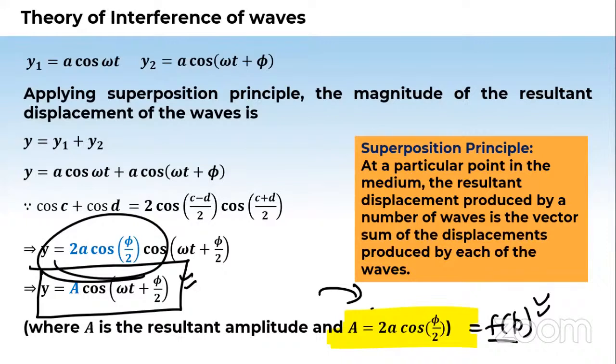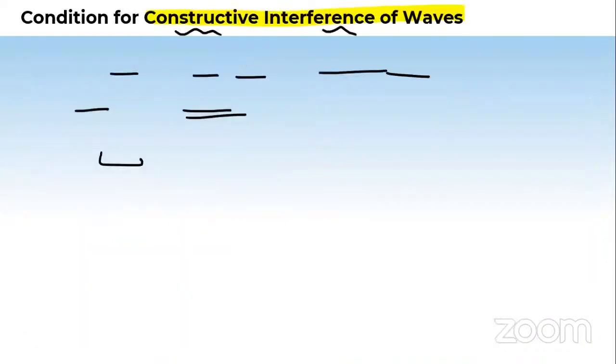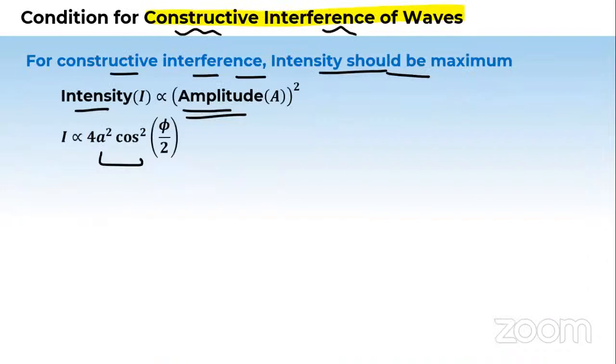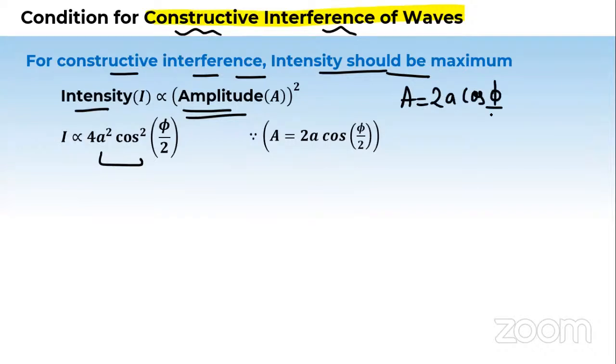So you see here carefully, amplitude comes out to be 2a cos(phi by 2). From that equation we have seen the interfered wave equation.